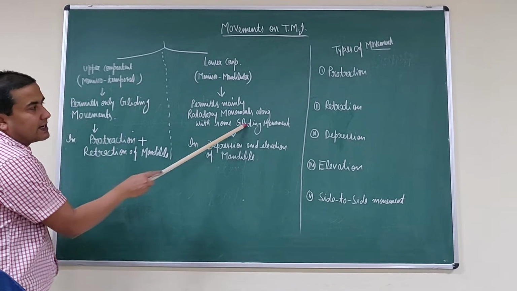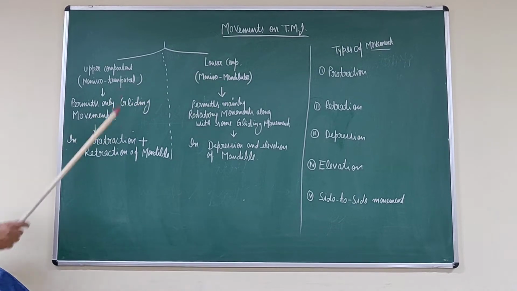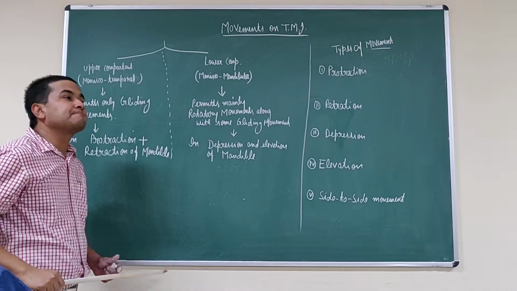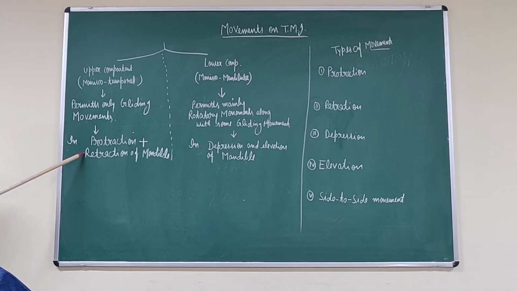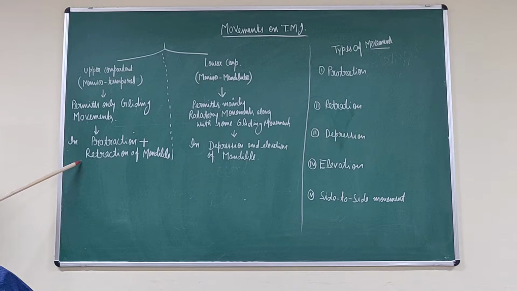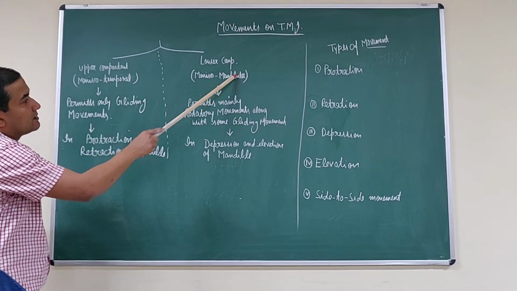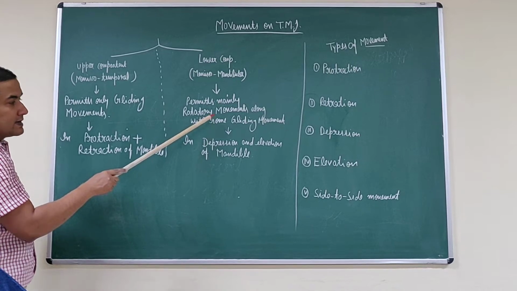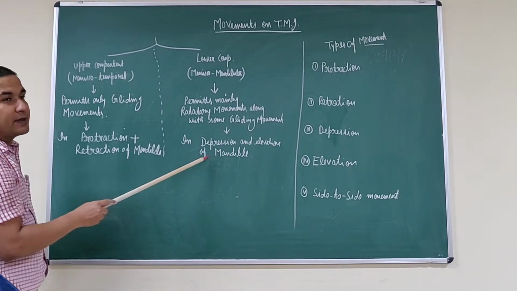Slight gliding movement also occurs in this compartment, but the prominent one is the rotatory movement. Now, this gliding movement occurs at the time of protraction or retraction of the mandible, and this rotatory movement occurs at the time of depression or elevation of the mandible.